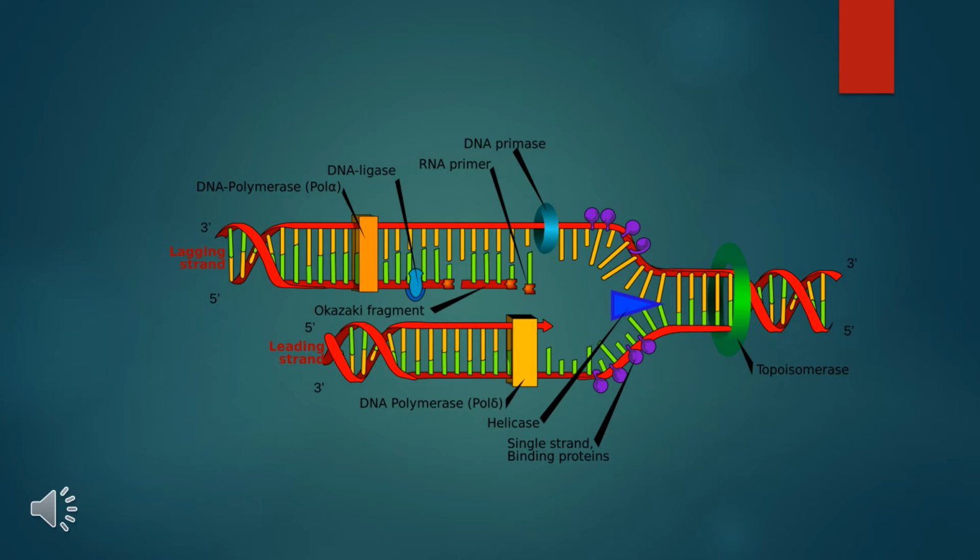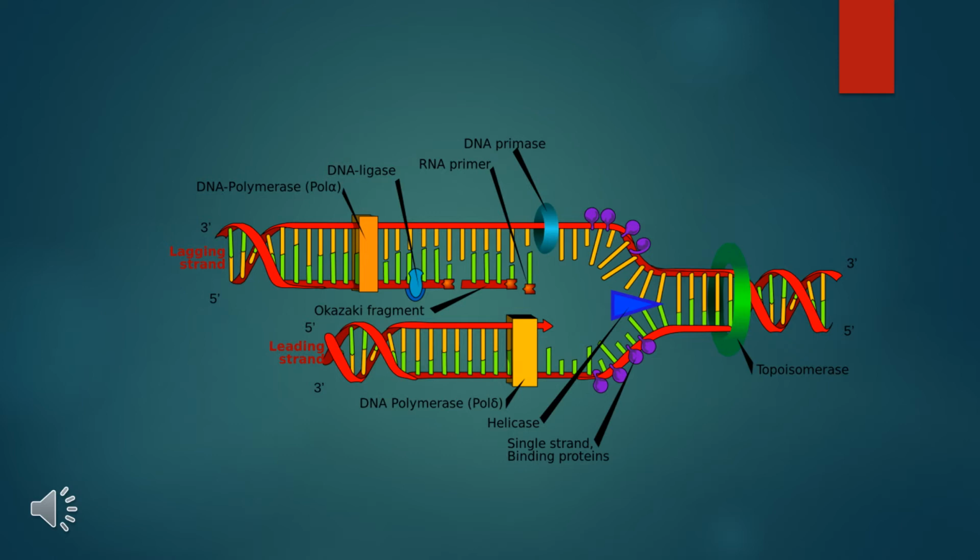These origins are targeted by initiator proteins, which go on to recruit more proteins that help aid the replication process, forming a replication complex around the DNA origin. There are multiple origin sites, and when the replication of DNA begins, these sites are referred to as replication forks.